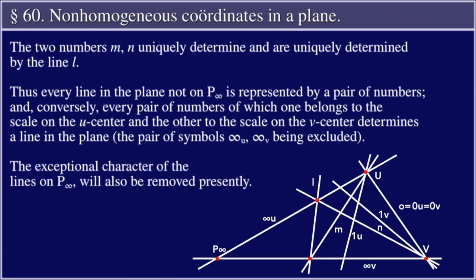The two numbers m, n uniquely determine and are uniquely determined by the line L. Thus, every line in the plane not on P infinity is represented by a pair of numbers, and conversely, every pair of numbers, of which one belongs to the scale of the U center and the other to the scale of the V center, determines a line in the plane, the pair of symbols infinity u, infinity v being excluded. The exceptional character of the lines on P infinity will be removed presently.